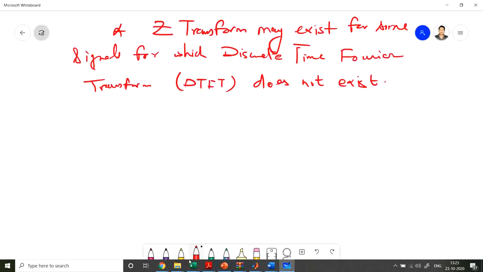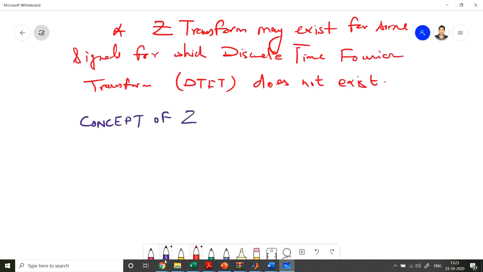Now let us discuss the concept of the Z transform and also the inverse Z transform, and how this concept is related to the Fourier transform. So, the concept of the Z transform.